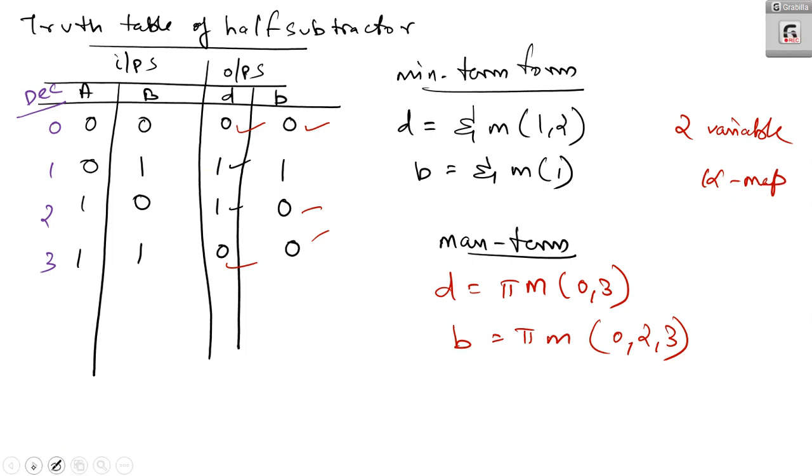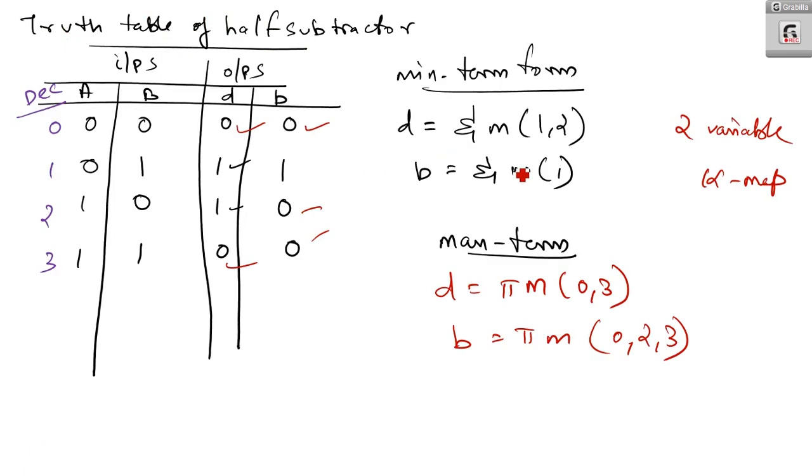Now coming to the expression of difference and borrow, this D and B. So what is D? Sigma m 1, 2, that is you can get it as A bar B or A B bar.